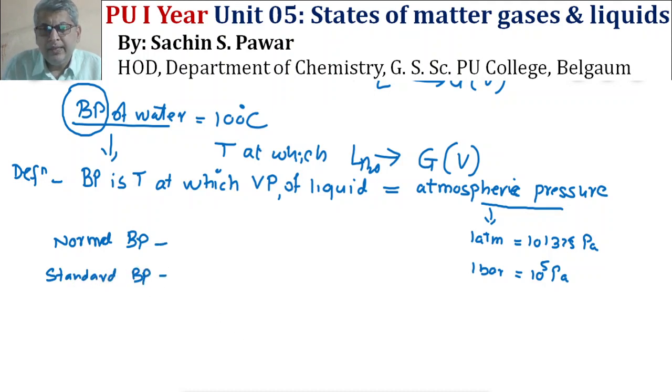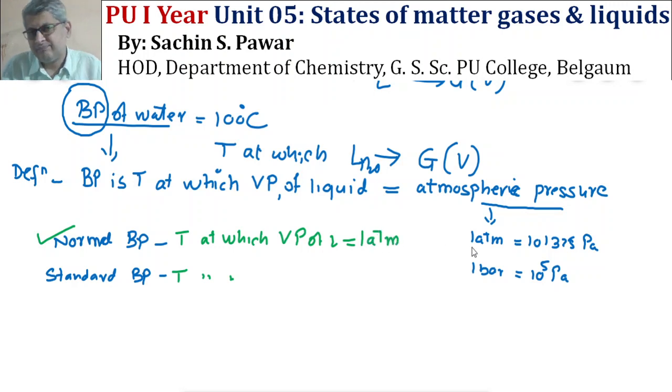Normal boiling point is the temperature at which the vapor pressure of the liquid becomes equal to 1 atmosphere, and standard boiling point is the temperature at which the vapor pressure of the liquid becomes equal to 1 bar.